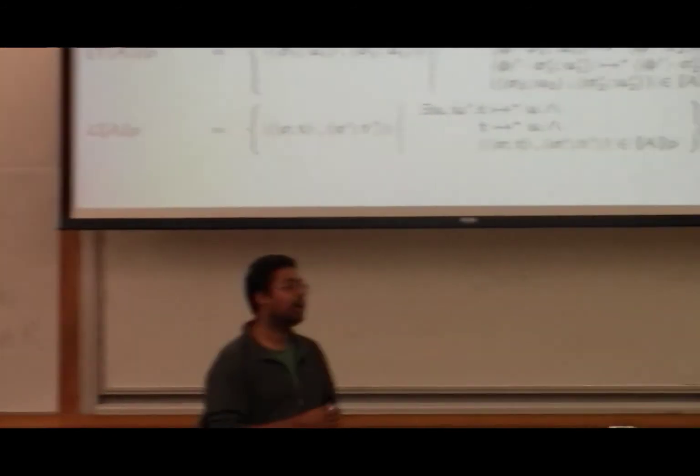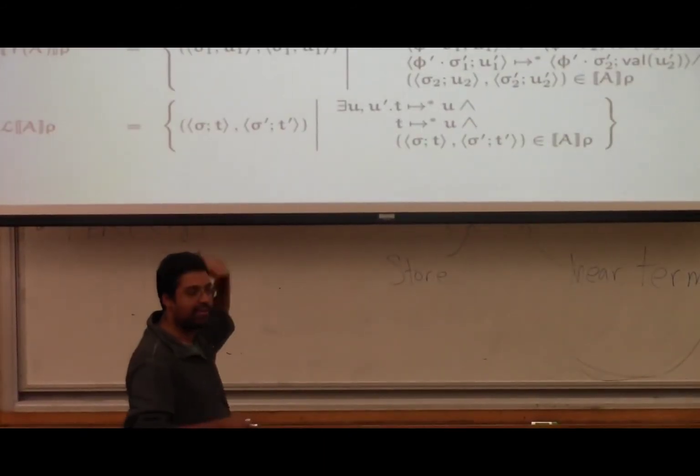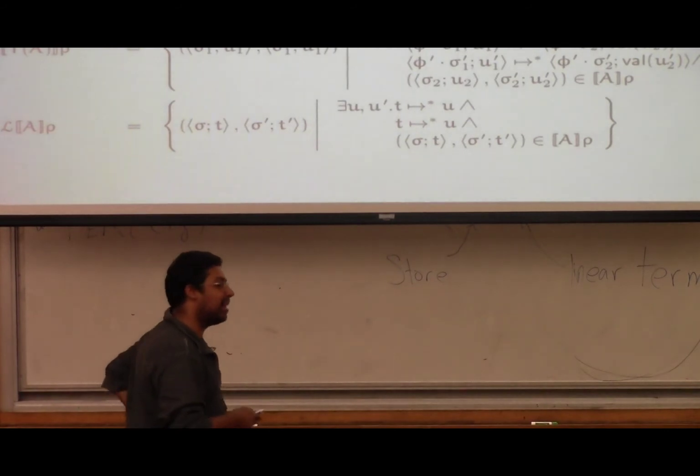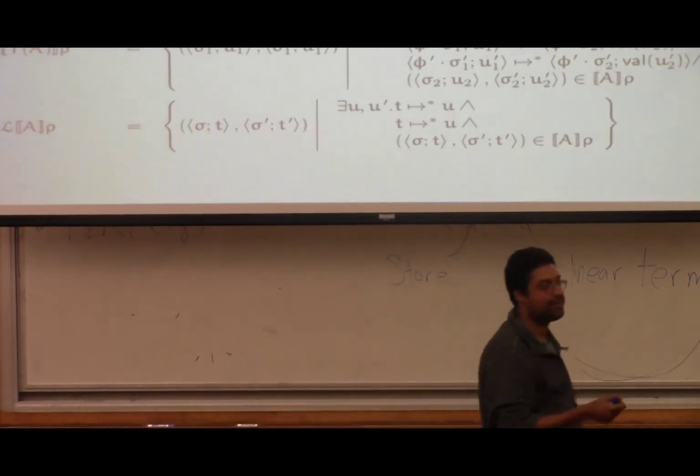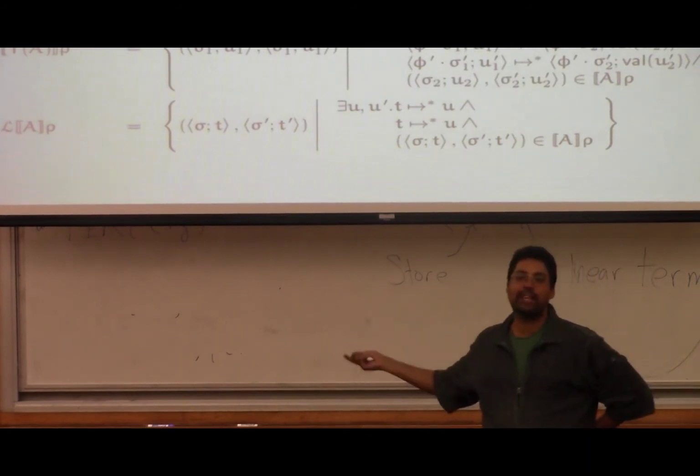And so that's why, rather than saying it's any pair of values because we never look at it, we say, well, we do look at it in the linear case, and because we can pattern match on the unit, we have to make sure that they're actually units.